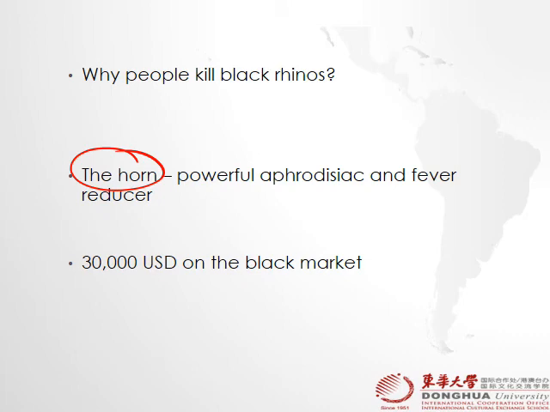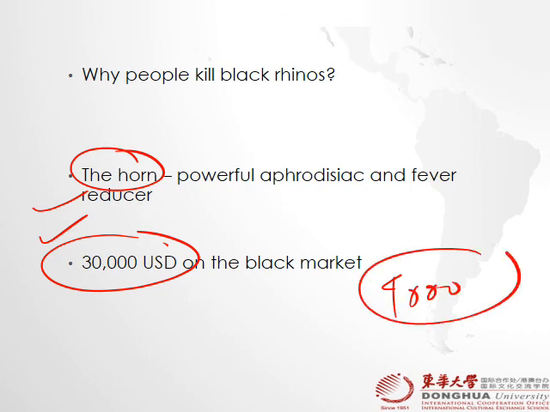Because the horn is a powerful aphrodisiac and fever reducer, and on the black market it sold at 30,000 US dollars. So people responded to incentives to get those 30,000 US dollars. They started killing the black rhinos, and now in the world there are just 4,000.